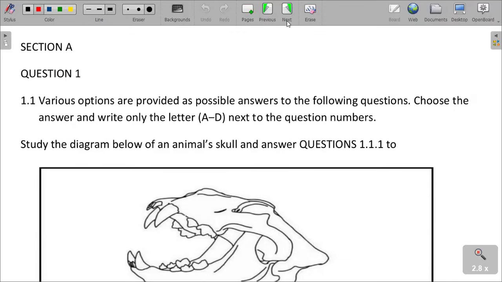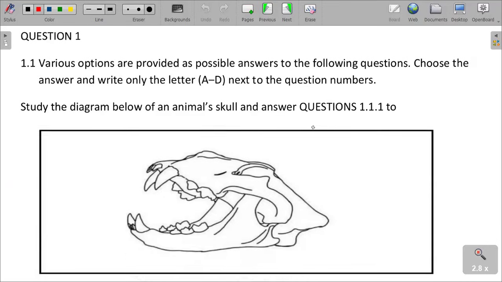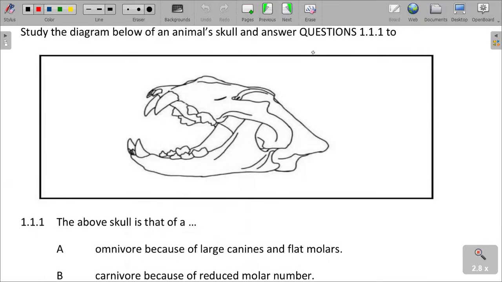So now we are given this skull here, and the skull is of an animal that we can see has long teeth for tearing, which we call the large canines here.